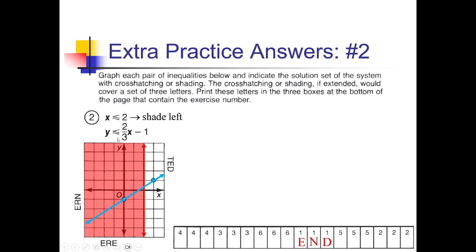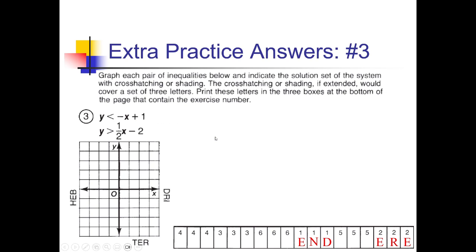Less than means shade lower than. Since it's y less than, we shade lower. So that's everything underneath. And then this overlapping region here matches up with the letters ERE. So that's going in the 2 spots over here. So we've got ERE.